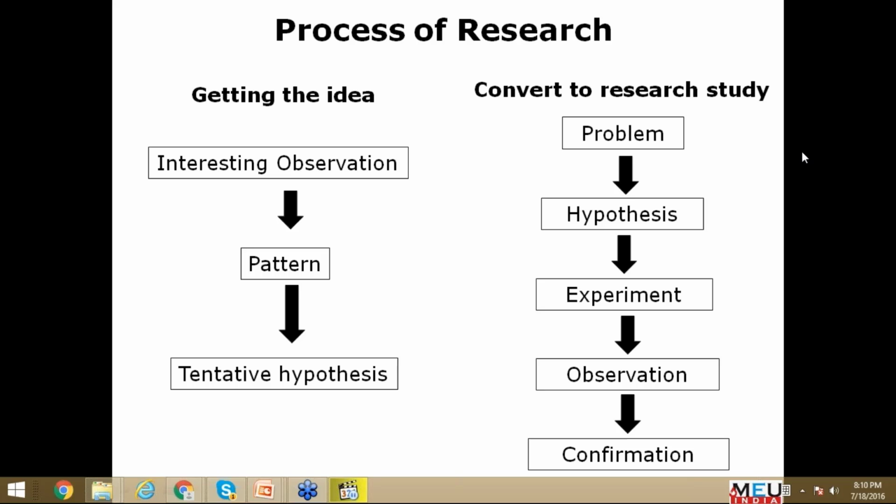We see whether the confirmation of our hypothesis is really there, is it occurring, is it not occurring, and then based on our findings, we convert that problem, that observation, into a research study.